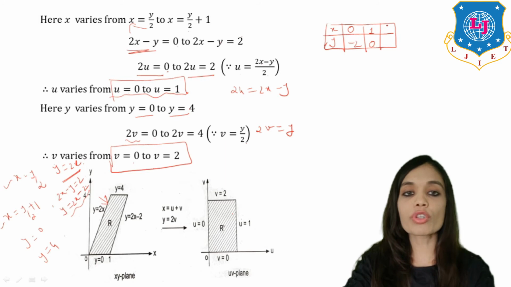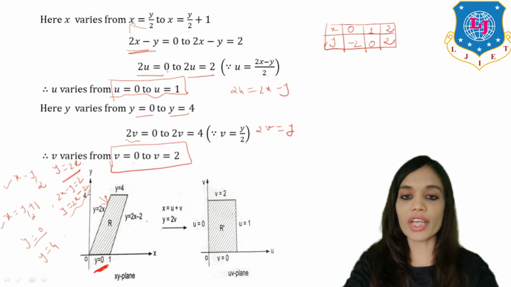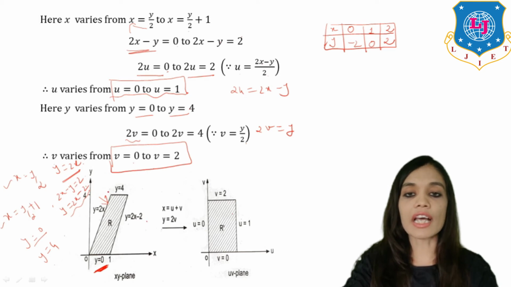Next suppose if you put x as 2, then y will be equal to 2. Plot the points and draw the line y is equal to 2x minus 2. Next draw the line y is equal to 0. This is our x-axis, right? And lastly draw the line y is equal to 4. So the intersection of all these 4 lines gives us our region R in the xy plane, right?